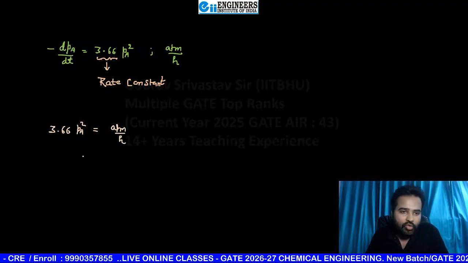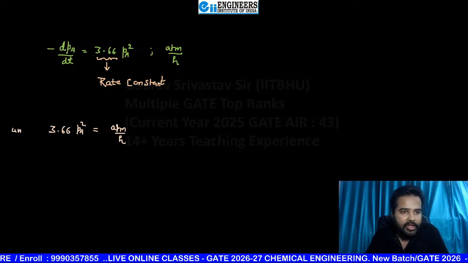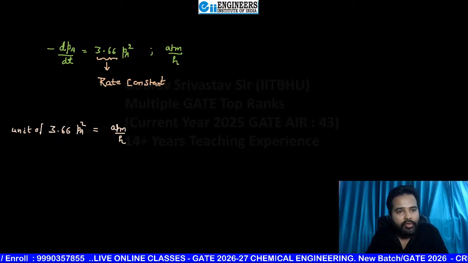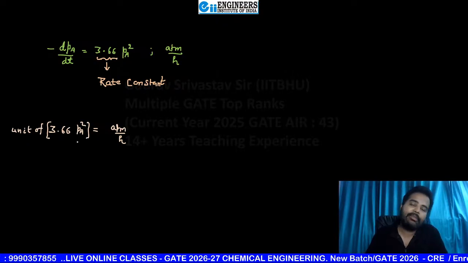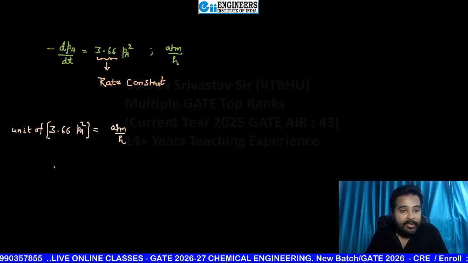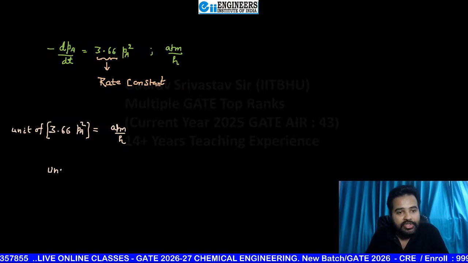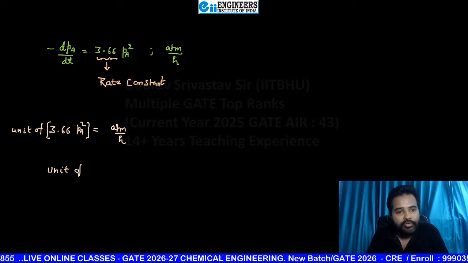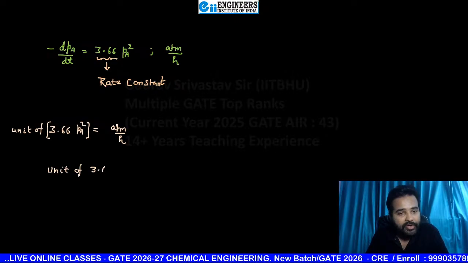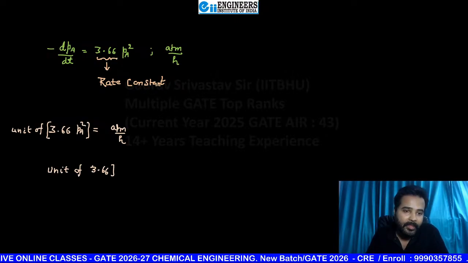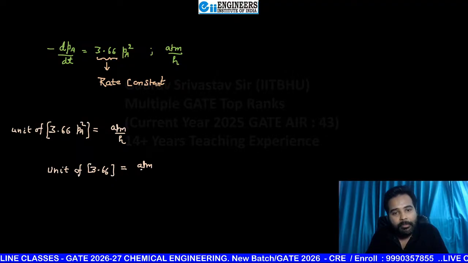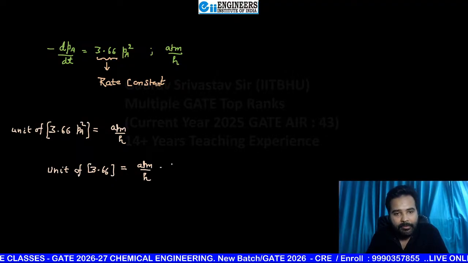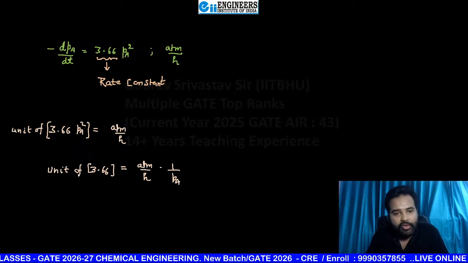If I want the unit of just 3.66, our reaction rate constant, it will be atm per hour upon the unit of Pa square.